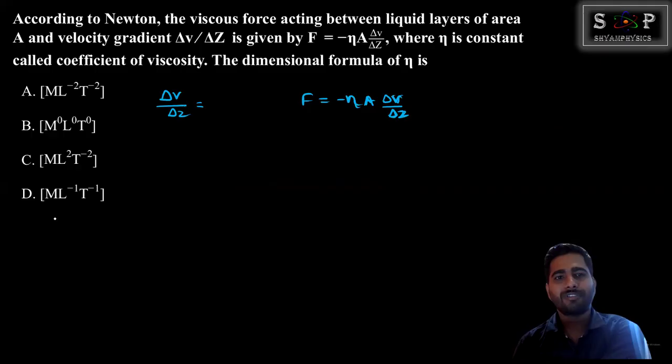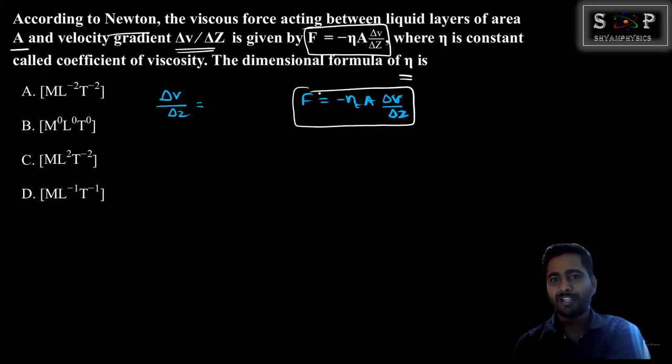Next, similar question, guys. Actually, according to Newton, the viscous force acting between two liquid layers of area A and velocity gradient, this one given, force is equal to eta A dV by dx, where eta is the constant called coefficient of viscosity. The dimension formula for eta you may receive from here, or also I told na, F is equal to 6 pi eta r v.